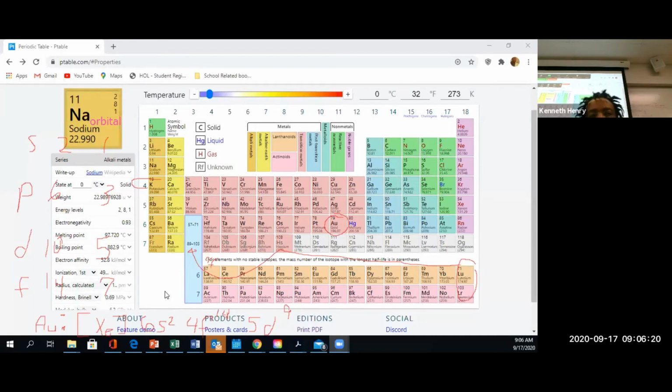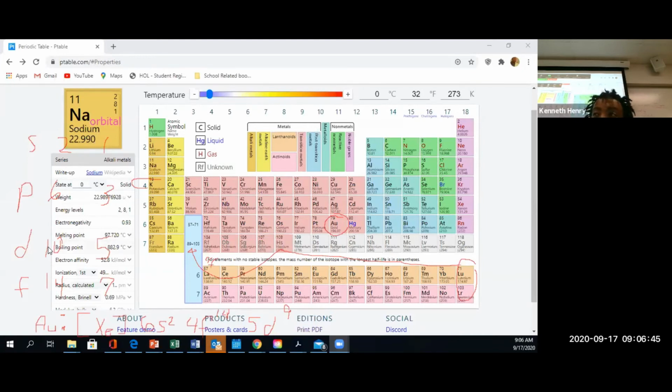Okay, so an orbital can hold 2 electrons. It doesn't have to hold 2 electrons. So if the S has 1 orbital, how many electrons does it have? 2. If the P has 3 orbitals, what is the maximum a P sublevel can have? 6.